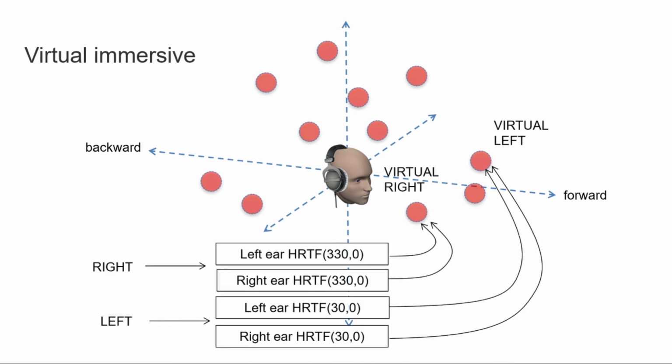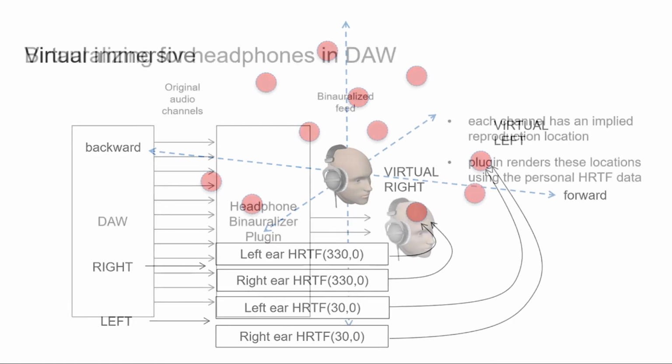The head-related transfer functions for each ear and for all the necessary directions of audio are then applied to create all the left and right ear feeds for all the virtual sources. Once your personal head-related transfer function has been applied, you experience the correct direction of audio, correct color of audio and externalization, meaning that you get the sensation that the audio signals are coming from a loudspeaker and not inside your head.